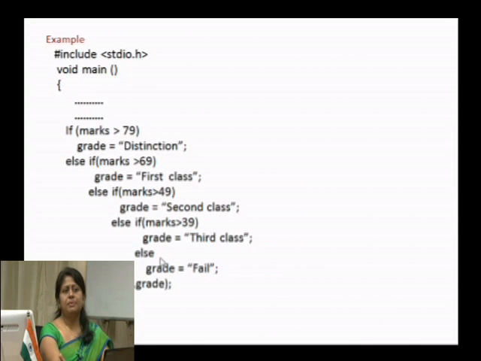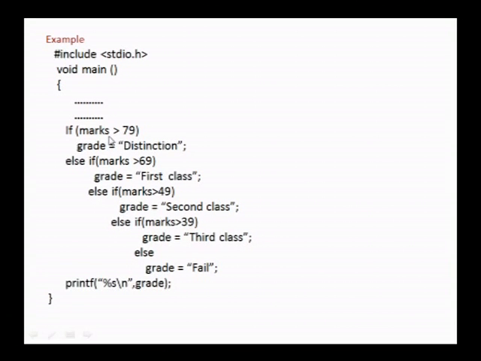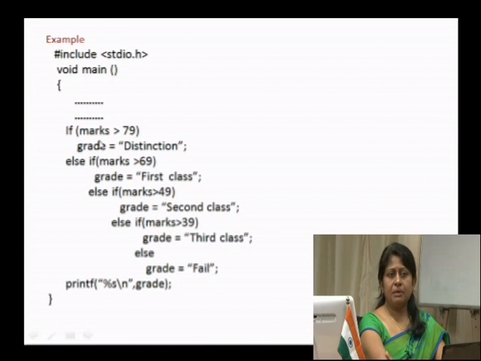Let's have a simple example. This is just a sample code where the entire program has not been coded for you. You will just have to assume certain variables that have already been defined earlier. Here we are comparing with a condition: if marks greater than 79, grade is equal to distinction. If this condition becomes true, the statement here would be executed.